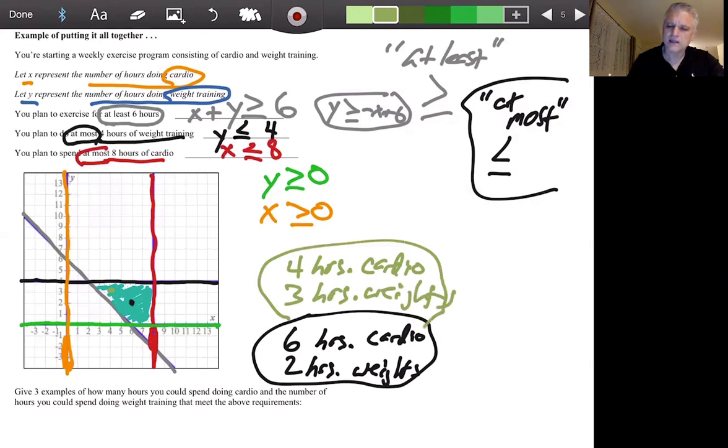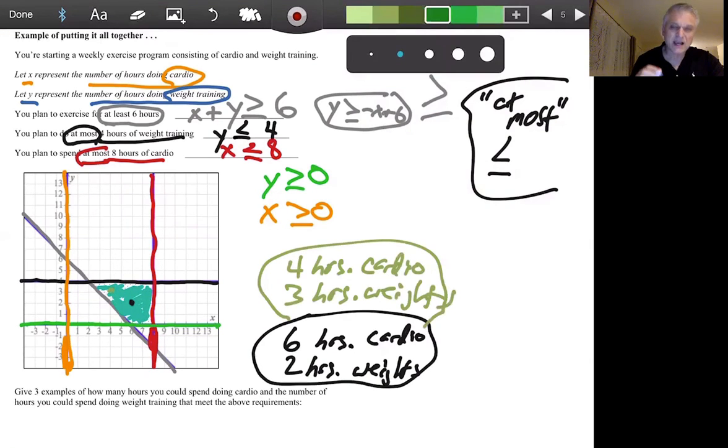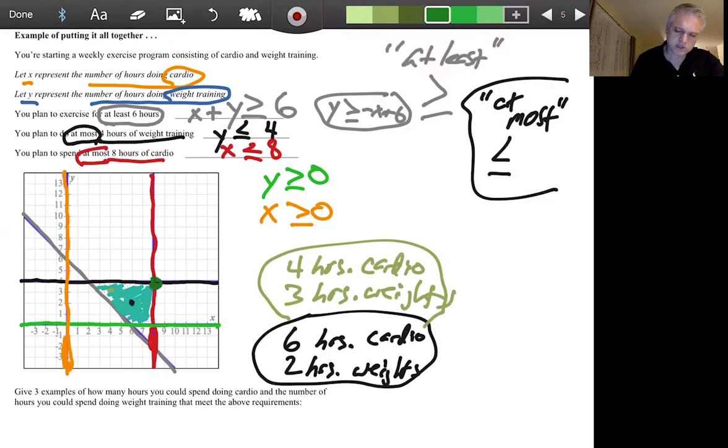Okay, and then finally, because they are solid lines, which means that they are including all the points that are on the lines, I'm going to go for this point right here on the corner. Okay, and that's the point 8, 4. So if I really want to do it up, I could do 8 hours of cardio, because 8 is less than or equal to 8.